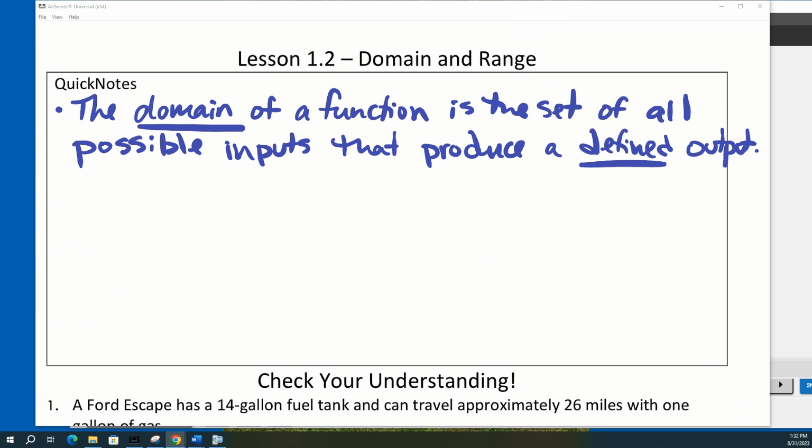Basically, that's a fancy way of saying if you put an x in, you get a y out.